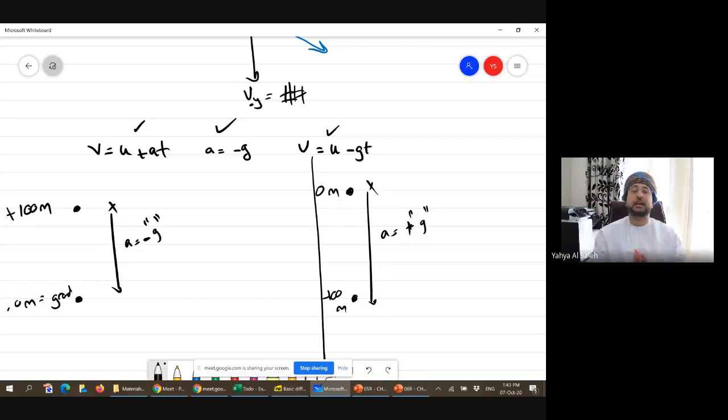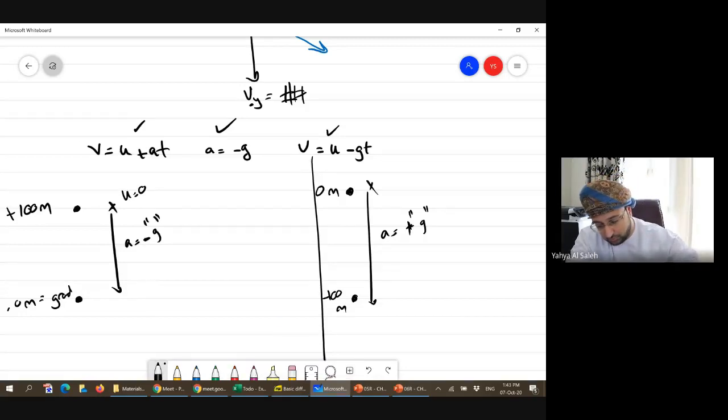This is the exact same plane problem, or helicopter problem, but I'm using 100 meters because it's an easy number. What is the velocity here of the package, which starts at 0? So u equals 0. What is the velocity of it when we come down? V equals u minus gt.